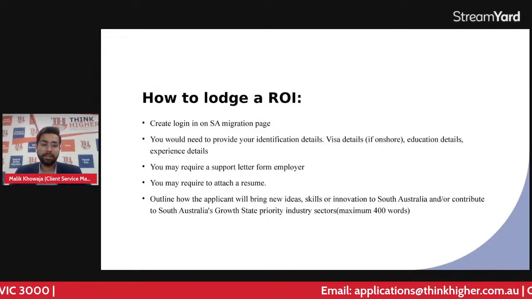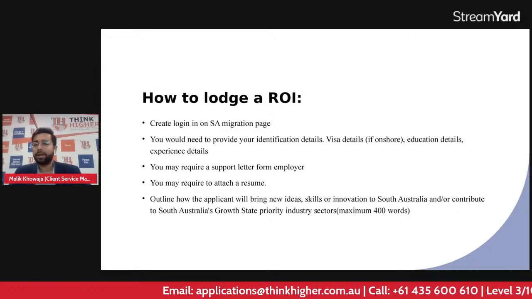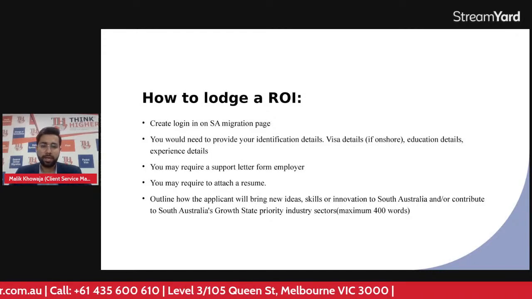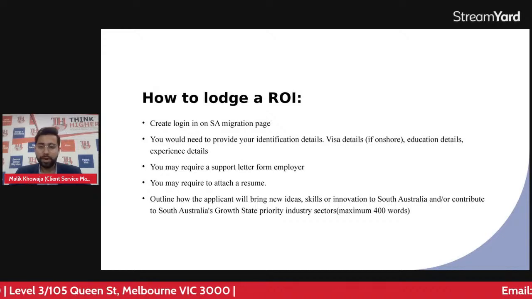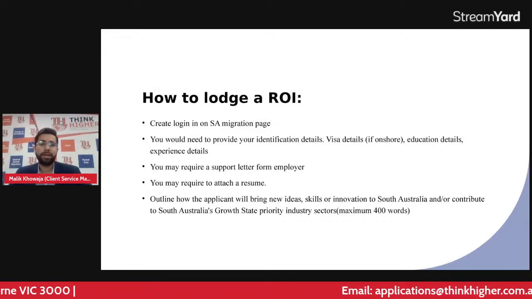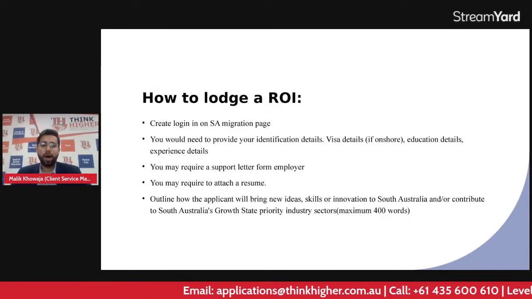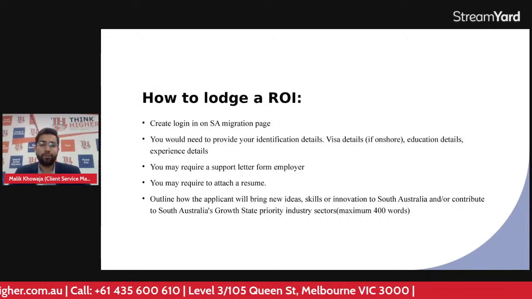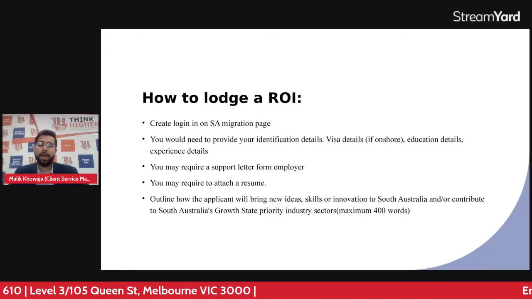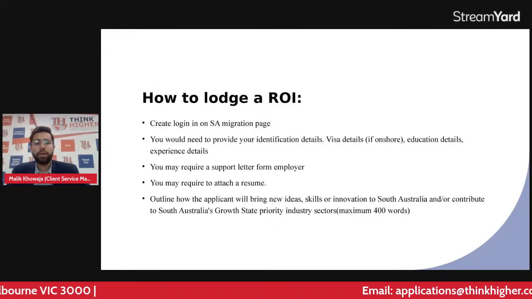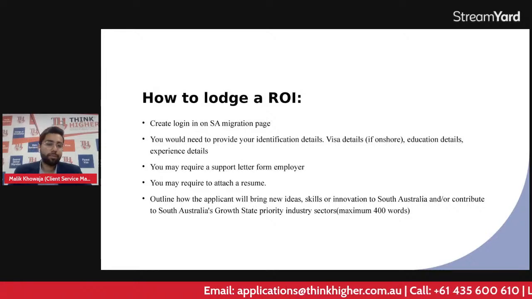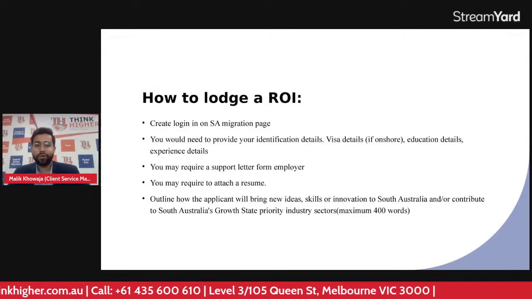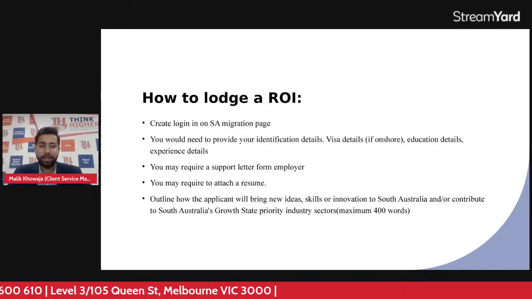Other than meeting the minimum requirements that we discussed, you need to put up a write-up of maximum 400 words in the application, where you show how you're going to bring new ideas, how you're going to implement your skills, and how you're going to innovate in South Australia by contributing to the growth sectors we have discussed, like high tech and so on. You also need to mention your qualifications, your prior work experience, what you gained from it, and how you're going to implement your prior experience and skills to improve the current growth of South Australia. So that's it.